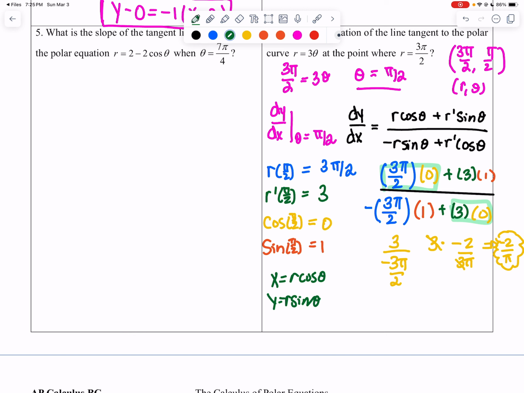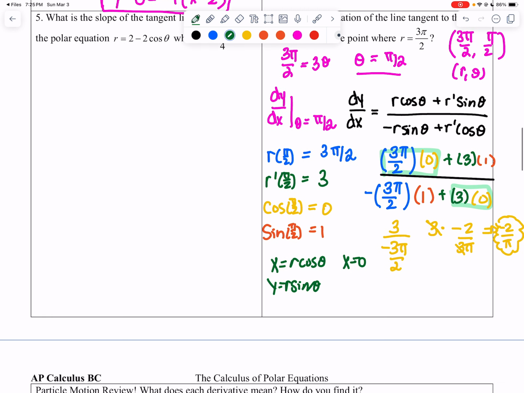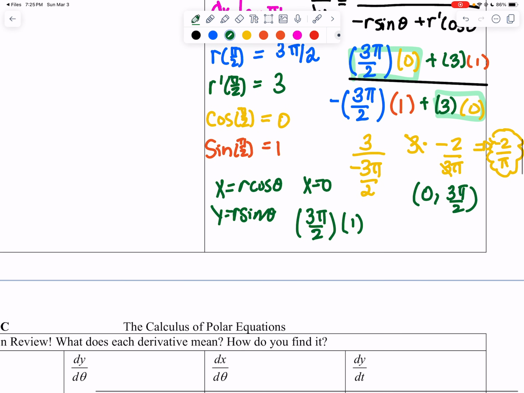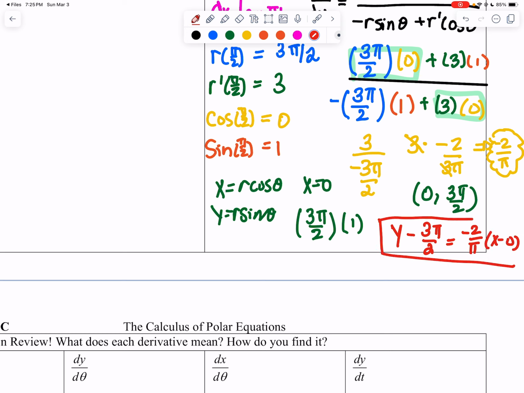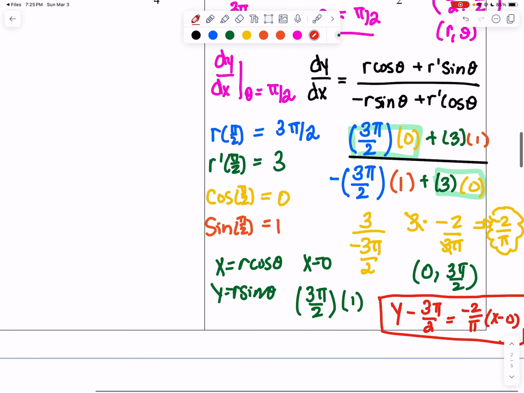So that means that x is going to be 0. Now, y, though, your r is going to be 3 pi over 2, and then sine of pi over 2 is just going to be 1. So your coordinate is (0, 3 pi over 2). And then, of course, put everything together. You are going to get y minus 3 pi over 2 is equal to negative 2 over pi times (x minus 0). And that right there is your equation of the tangent line.